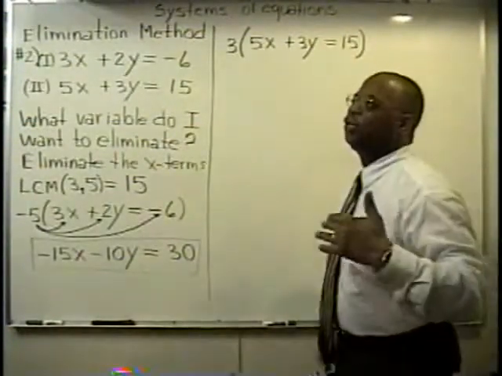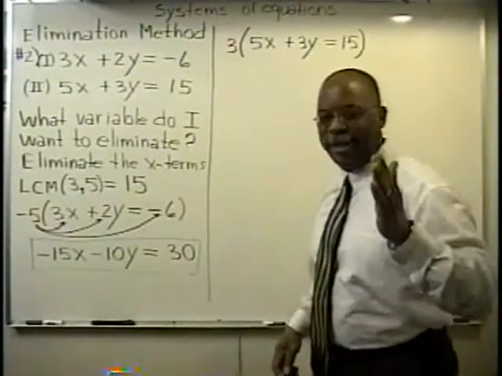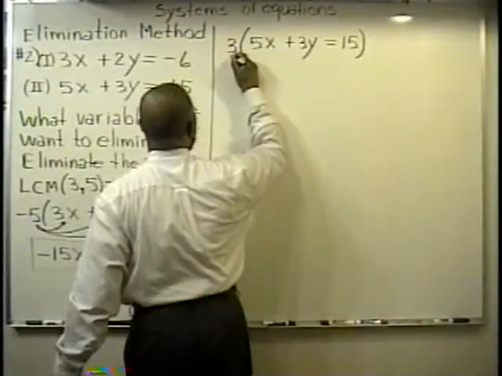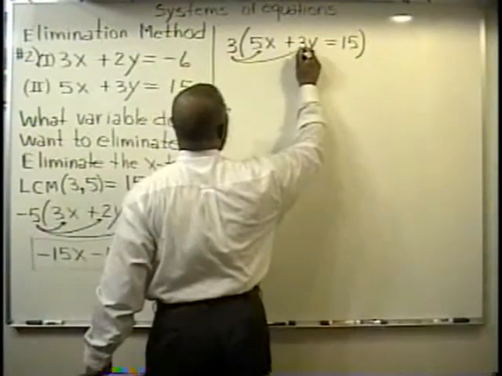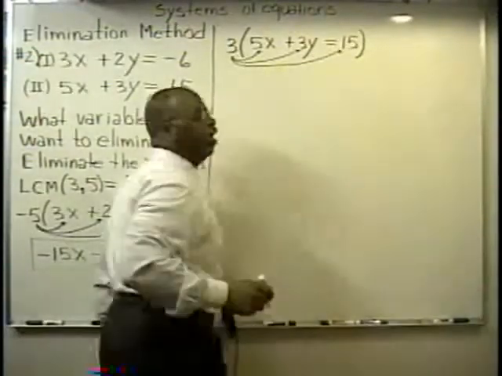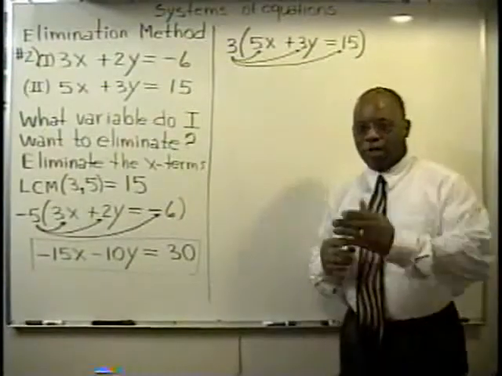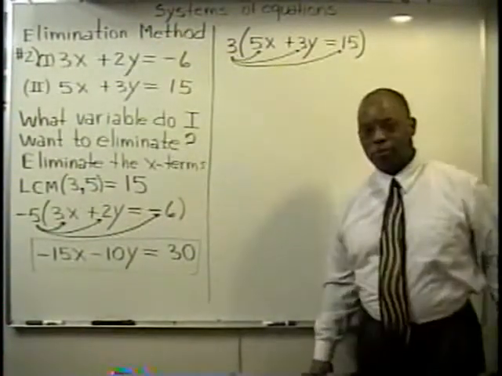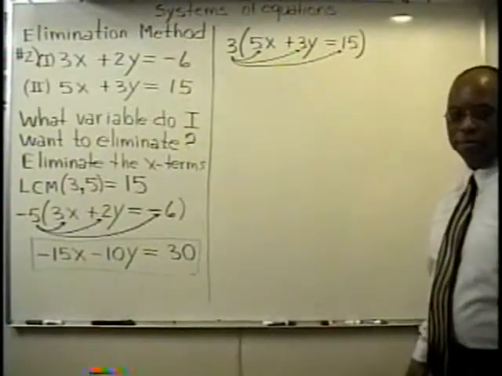I'm going to use the distributive property. I'm going to take the 3 and multiply every term in this equation by that 3. I'm going to distribute that 3. Everything in it gets multiplied by 3. Am I correct? Don't just take my word for it. Look at it, make sure, and check for yourself. Do you agree with that?